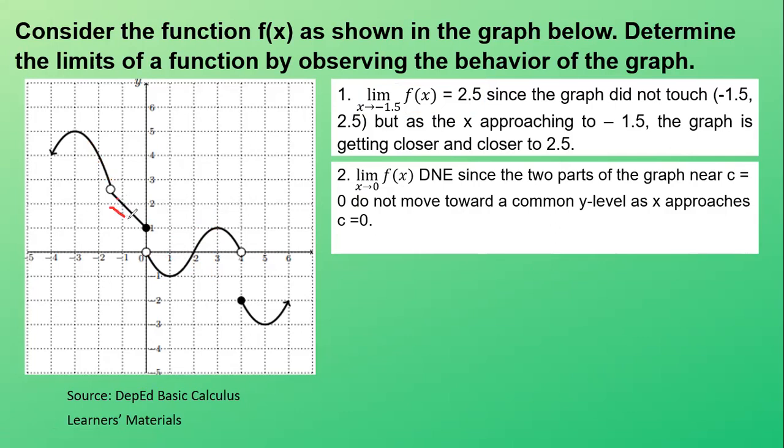Ito yun. Okay? So, it approaches or yung y value natin, it approaches value of 1. Kaya nga, 0, 1 yung coordinate natin. And from the right, it approaches the value of 0. Kaya 0, 0 yung coordinates natin.